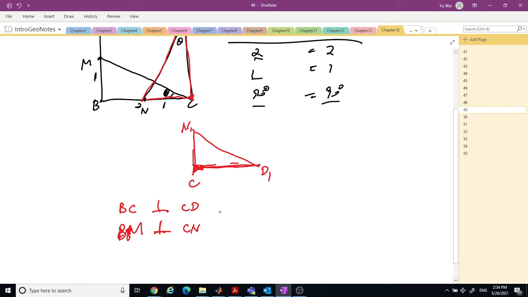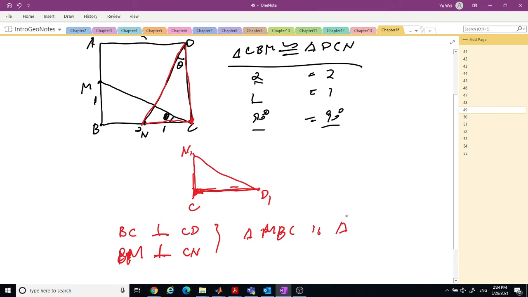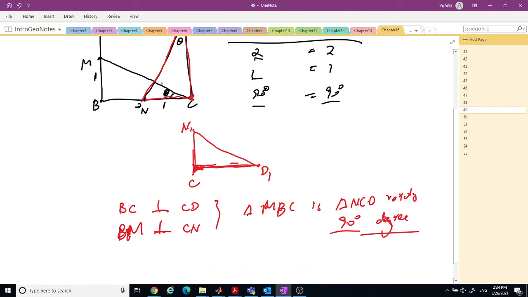So in this case, triangle MBC is triangle NCD rotated 90 degrees. That means these are perpendicular as well, right?